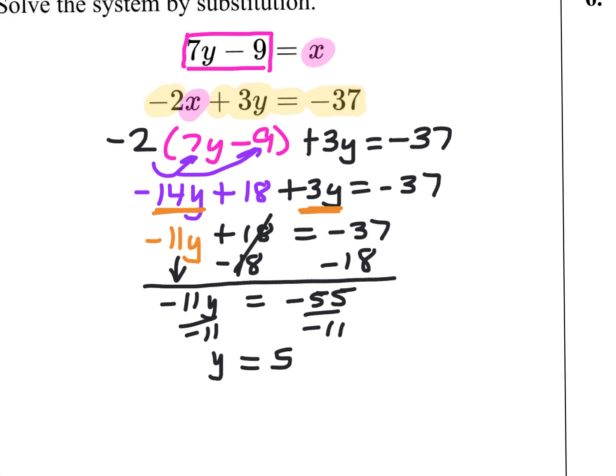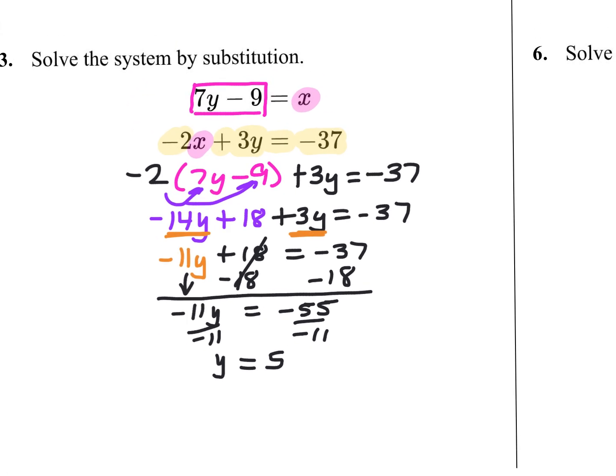It doesn't always work out that way that the y cancels or comes first, guys. It just happens to be that way on several of these. So now that I've got my y, just like I did before, I need to get my x. So I'm going to use my equation that is solved for x. And again, I'm going to write everything exactly the same. 7y minus 9 equals x. But instead of writing a y, I'm going to write a 5.